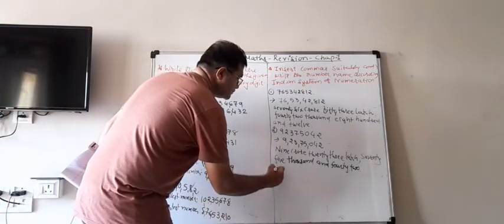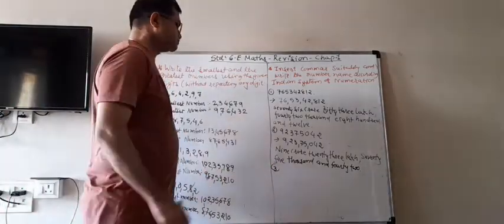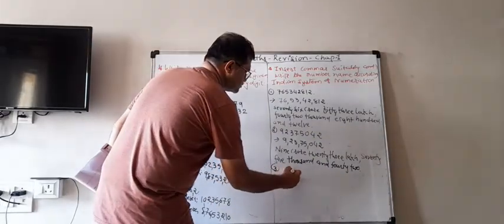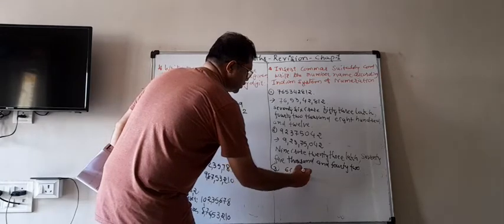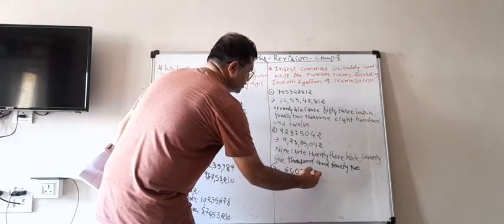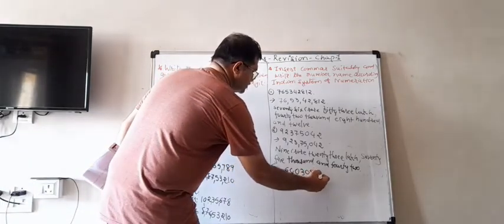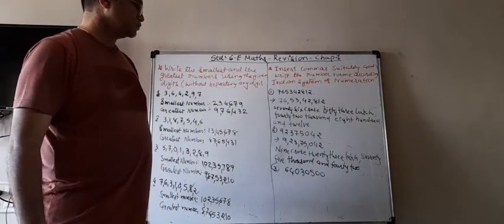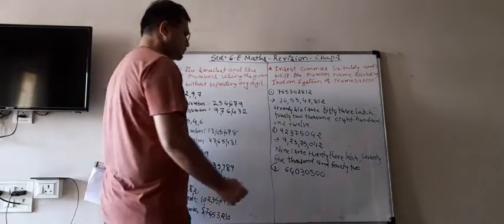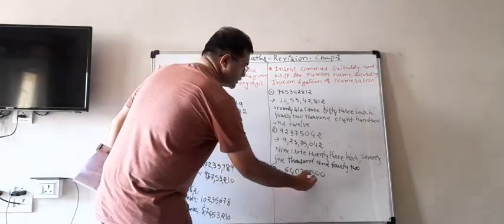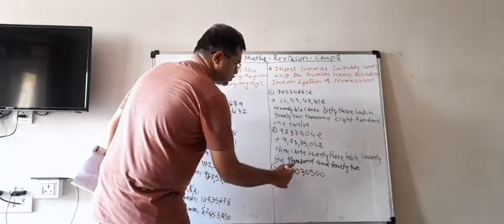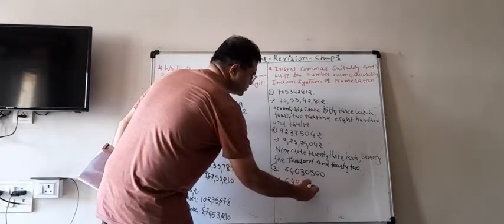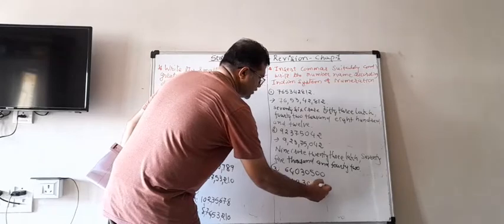Let's take another example. 6 4 0 3 0 5 0 0. So here, how will we put commas? 3, 2, 2. So 6 comma 40 comma 30 comma 500.